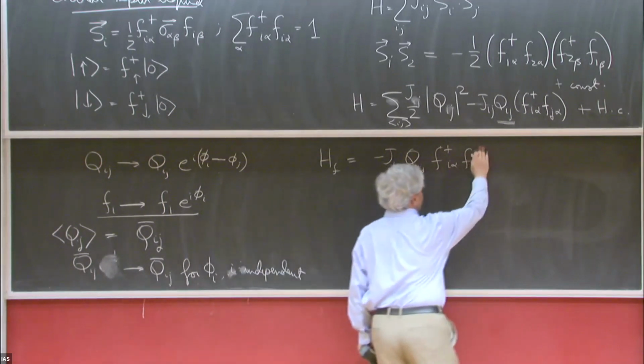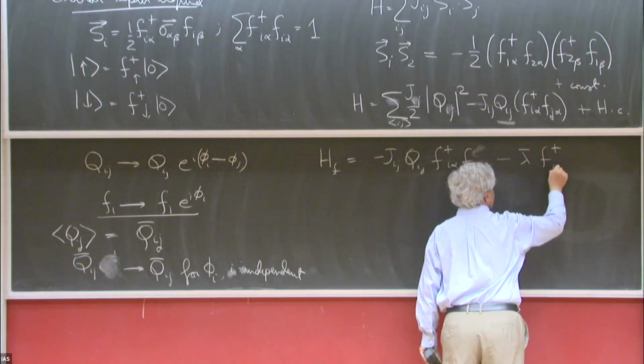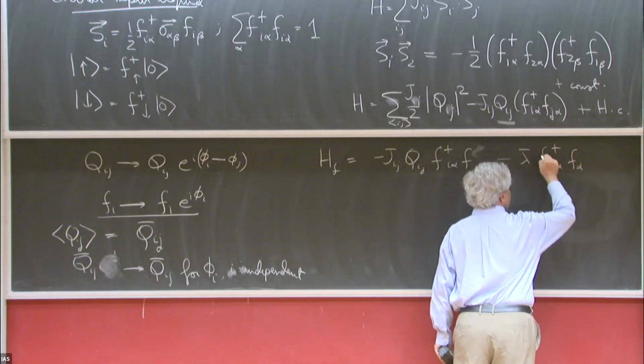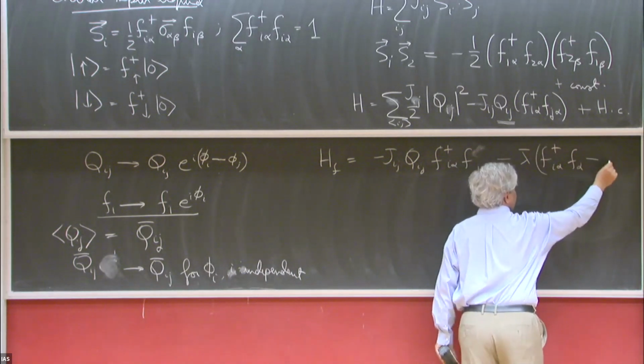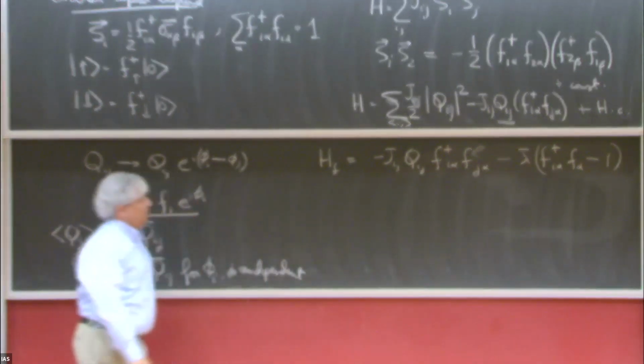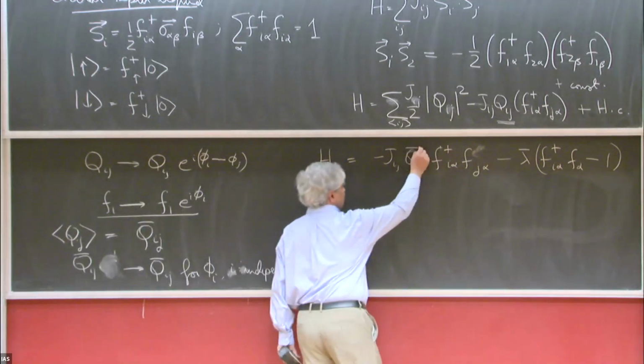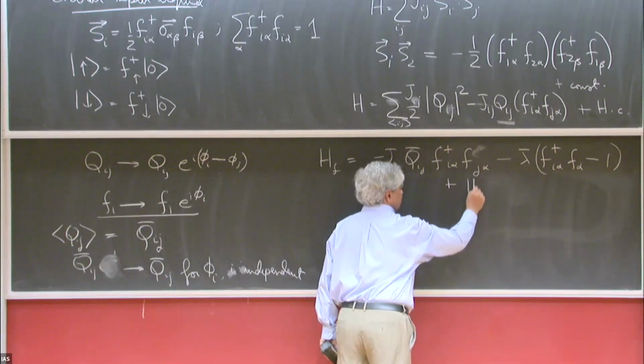And then there's some chemical potential or constraint term of lambda bar, f dagger i alpha f i alpha, which I have to choose to make the number density 1. So that's the Hamiltonian that I have to now diagonalize. This is Q bar plus its conjugate.